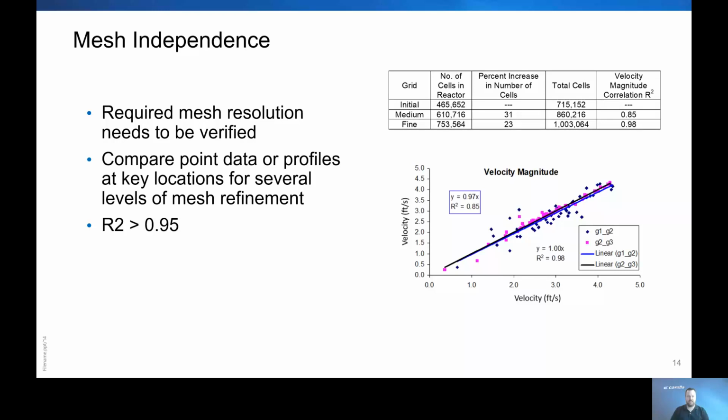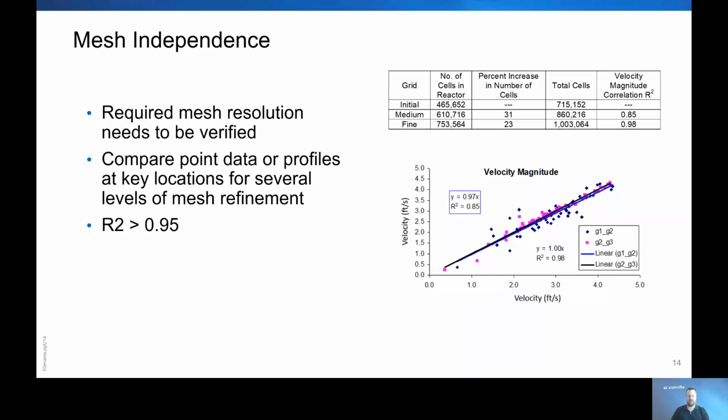A mesh resolution study establishes that the solution is independent of the mesh size. Obviously, if we only have 2 cells across a channel, we can't really resolve what's going on in the flow field. But do we need 100 cells to represent it? Probably not. So a mesh independence study is done for each problem to determine the required resolution.